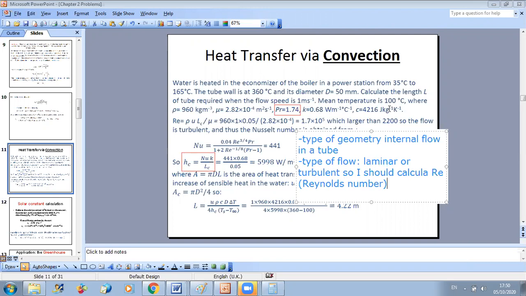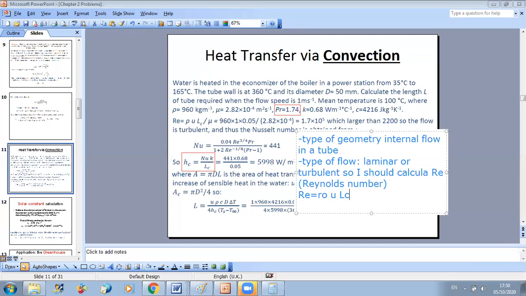So first, from definition, the Reynolds number of a certain geometry is equal to rho of the fluid times u, which is the velocity of the fluid, times the characteristic length. They call it Lc, the characteristic length of your geometry.